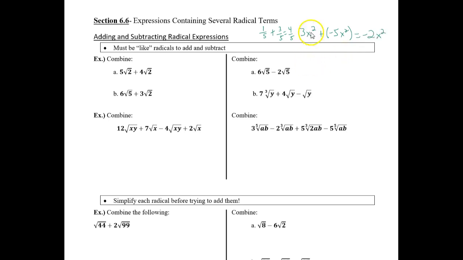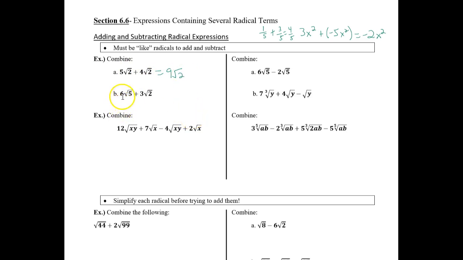Again, that like part, x squared, doesn't change. Same thing with radicals. We add and subtract coefficients, so 5 square root of 2 plus 4 square root of 2. Really, we are adding 5 plus 4, and we get 9 square root of 2. So the like part didn't change.